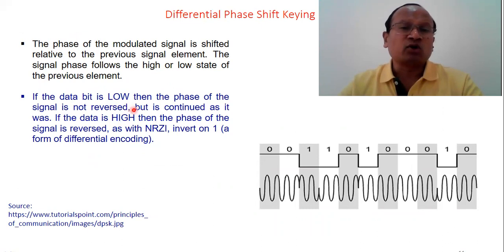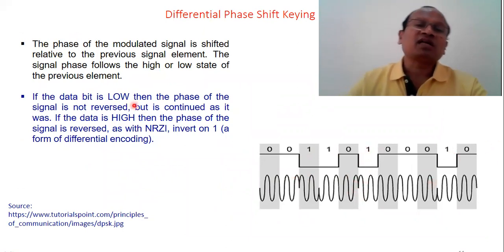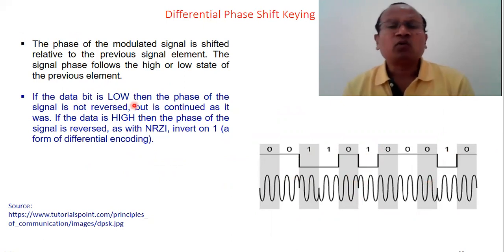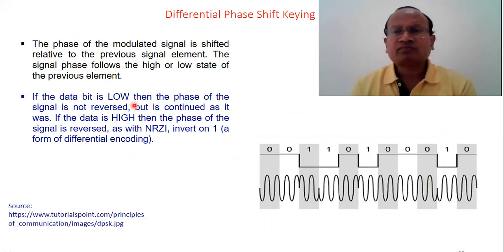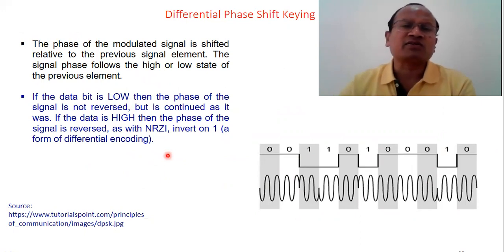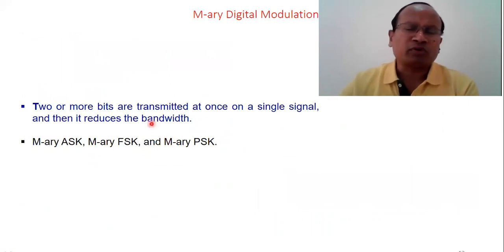When the data bit is low, the phase of the signal is not reversed. It does not change. Whenever it becomes high, you can see here, it changes, and again from 1 to 0 it changes. So whenever 1 comes, there will be a change, and depending on the data format we use, here the data format is non-return to zero and inverted, so accordingly there will be output.